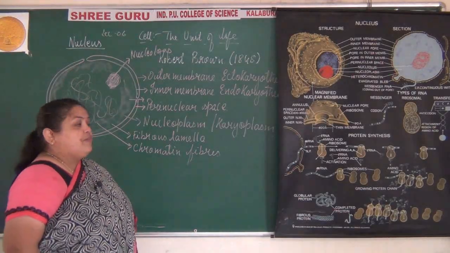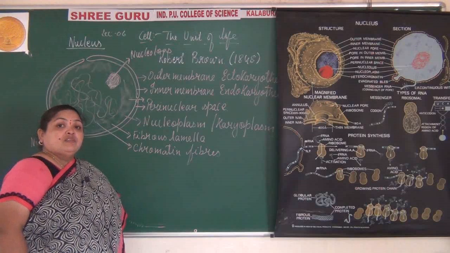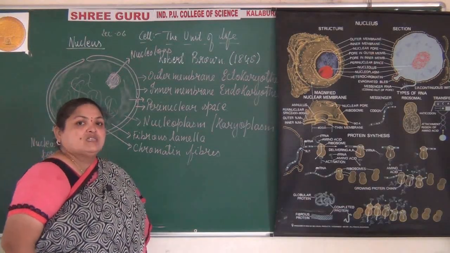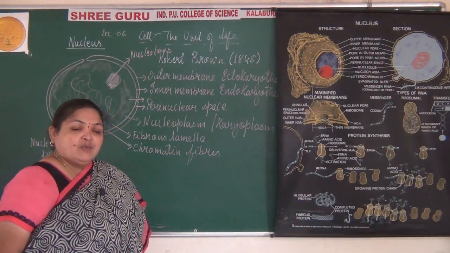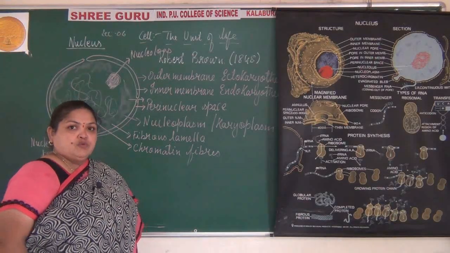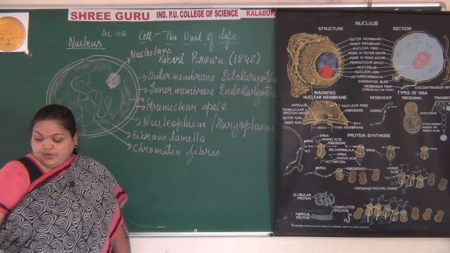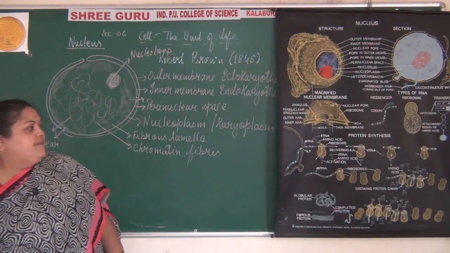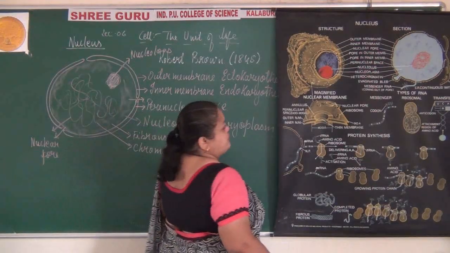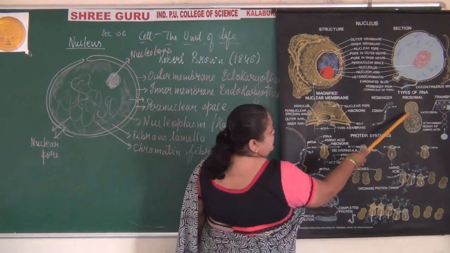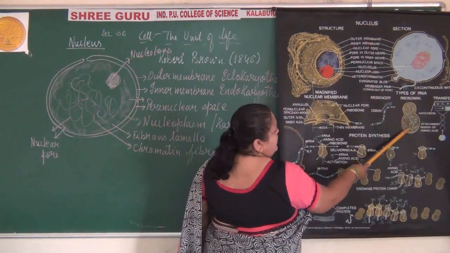It is mainly involved in the synthesis of ribosome subunits, that is the RNA and the protein. The ribosomes are made up of two components, that is the protein and the RNAs.